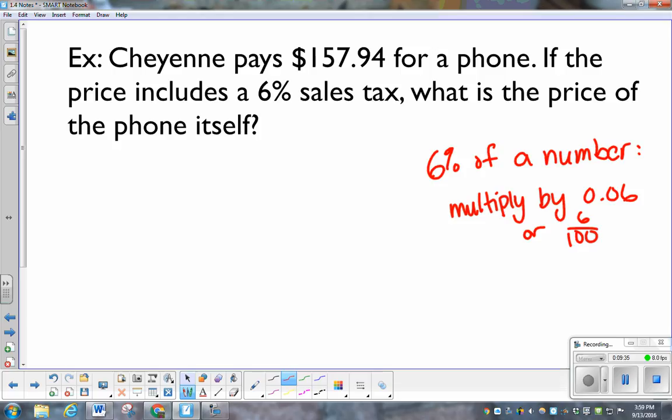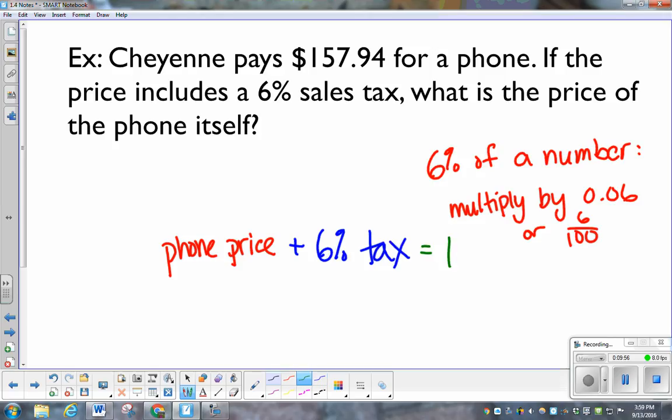So if we're going to translate this, let's start translating. We know that in the beginning, we had the phone price plus the 6% tax, and that gives us the total price.